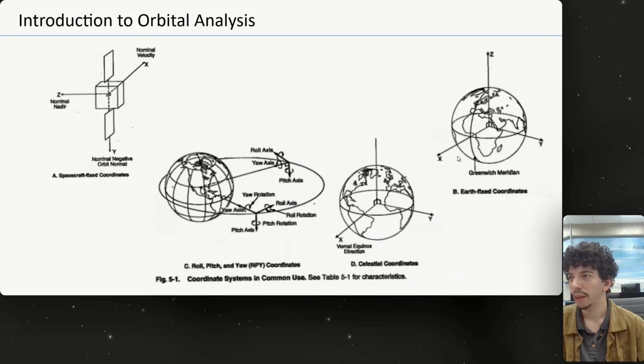Next, we have a coordinate system for the space vehicle.